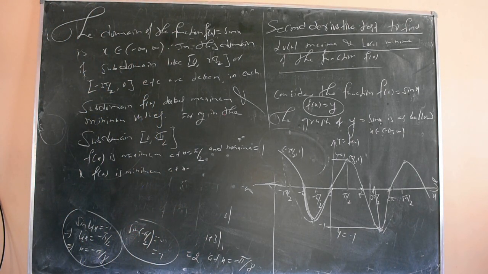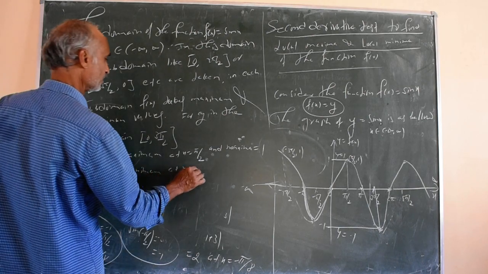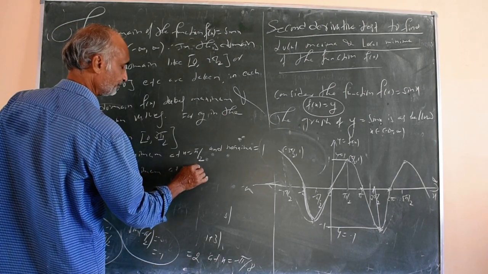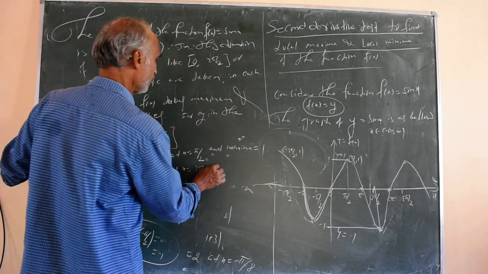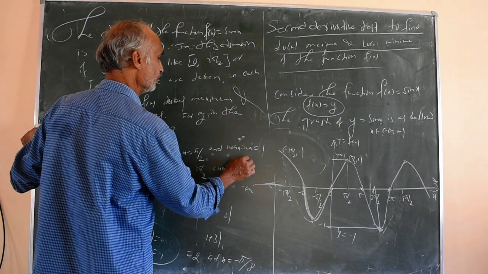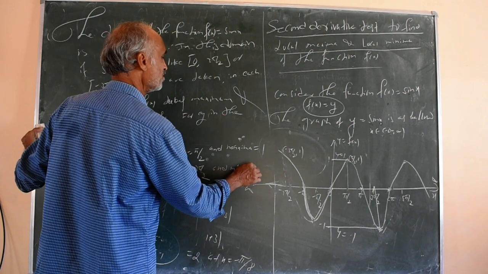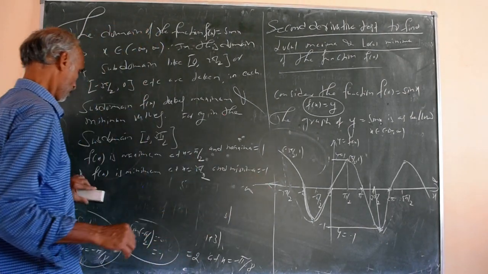The function or curve is taking the minimum value. f of x is minimum at x is equal to 3 pi by 2, and minima is the minimum value. Minima is equal to minus 1.